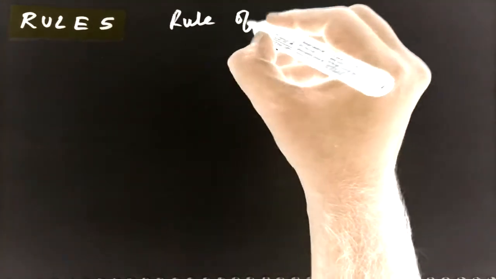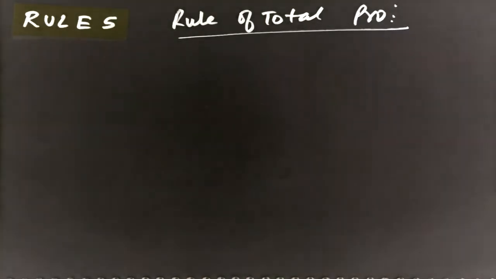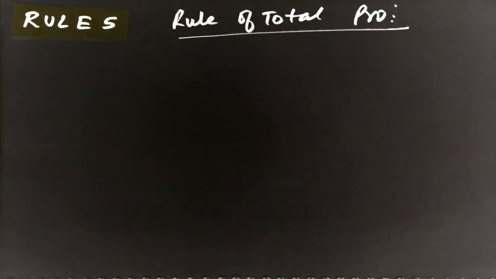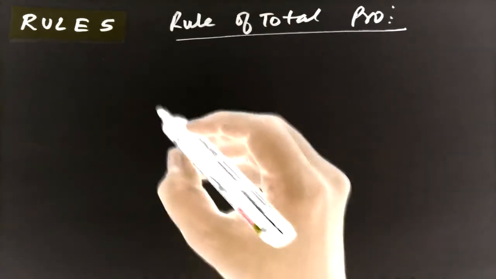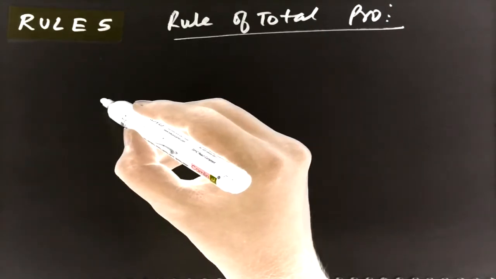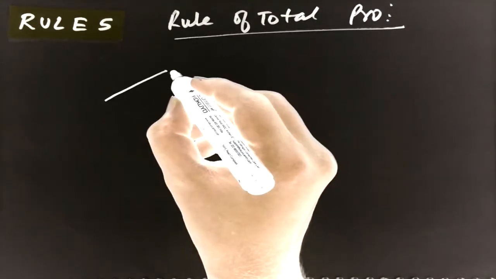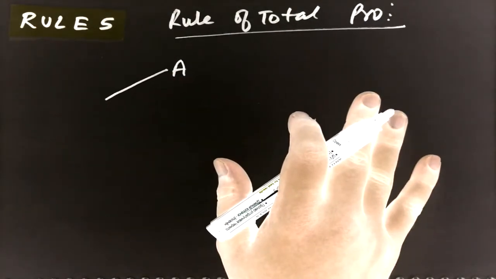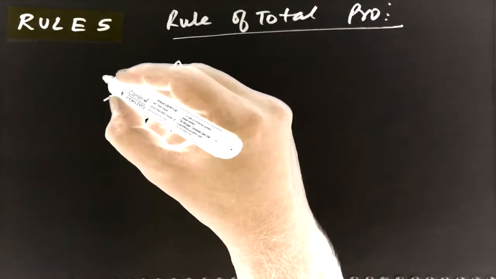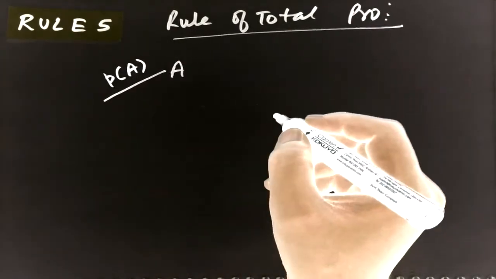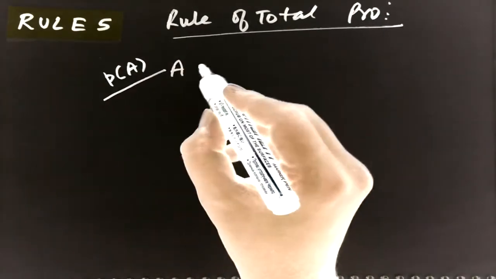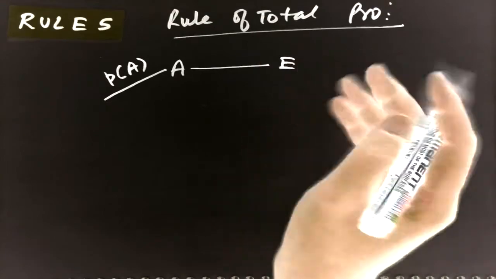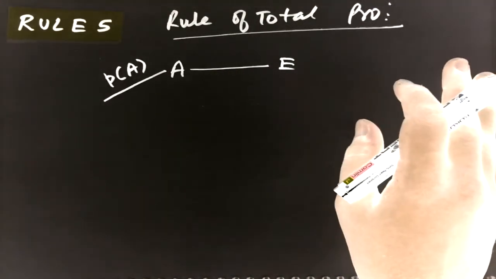Now comes the rule number 5th. We will talk about rule number 5th. This is the rule of total probability. So in this, let's see. There's a situation in which a work is being done and at first work A has been done. Right? So the probability of doing this work A comes out to be probability of A. Then after completion of this work, an event E has been done.